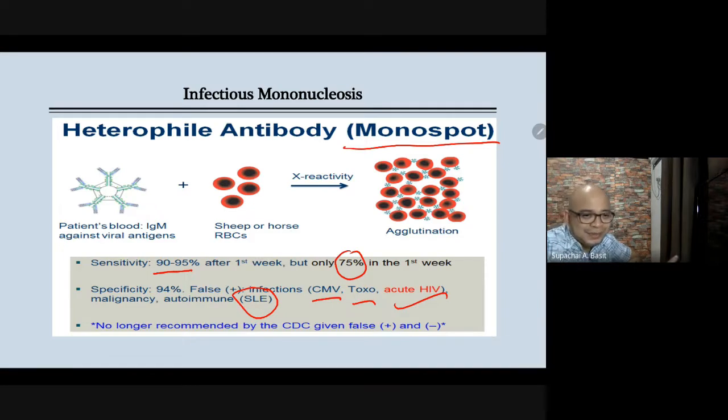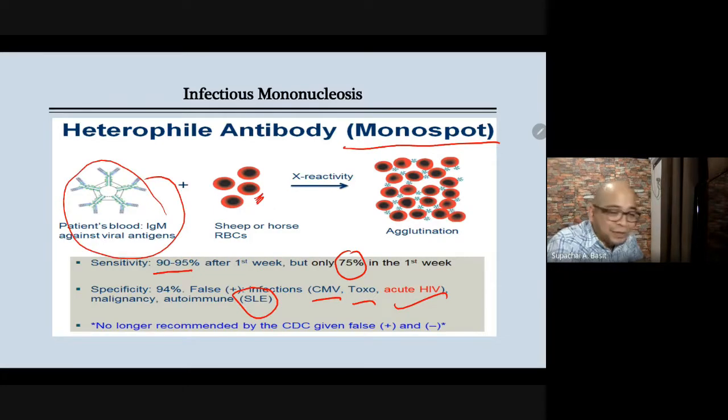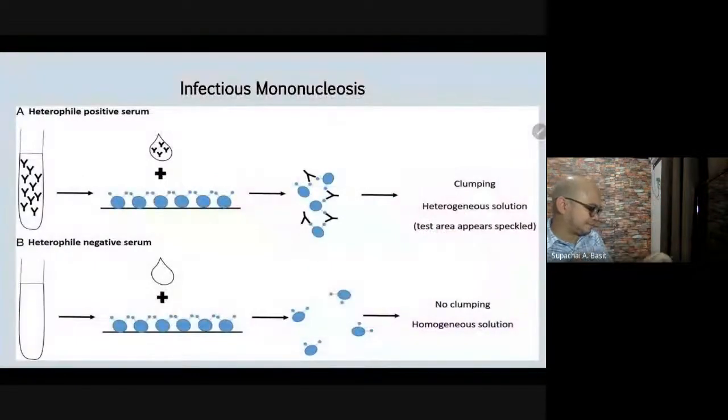Because of this, this particular test is no longer being advocated by the CDC because of confusing false positive and false negative results. But at any rate, the Monospot test will detect IgM antibodies against the viral antigen which has been absorbed in RBC, so there would be a positive agglutination test.